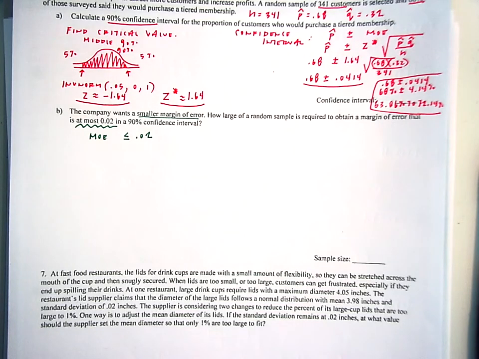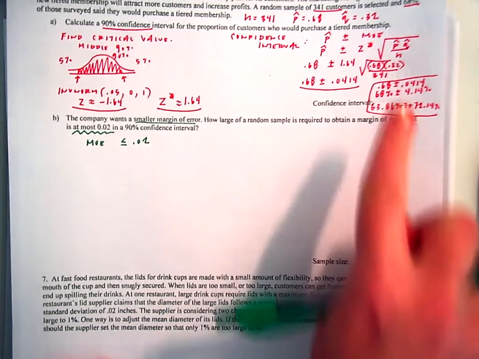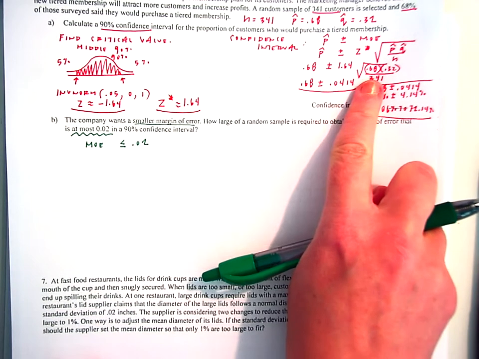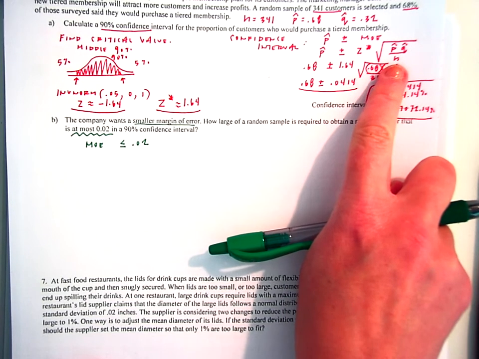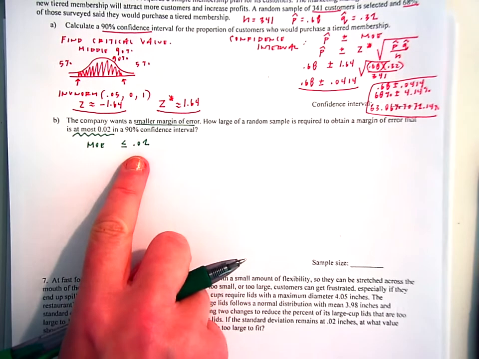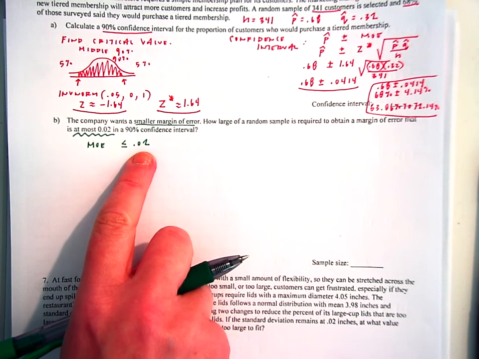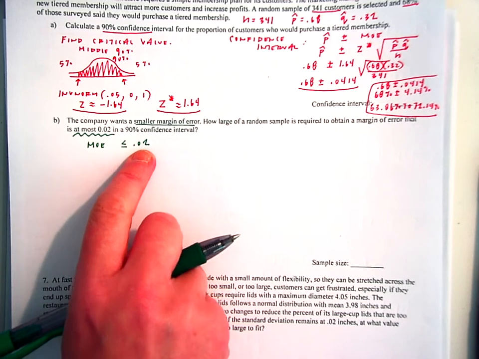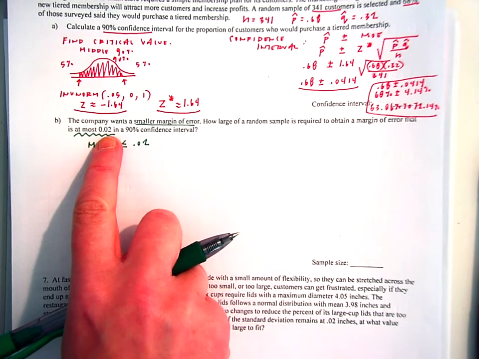So my margin of error here, I'm looking at what I calculated over here for a moment. All that's going to be different is my n value. So my n value, that's what I'm going to solve for. I want to solve for my sample size that would create a margin of error that is less than or equal to 0.02, at most 0.02.